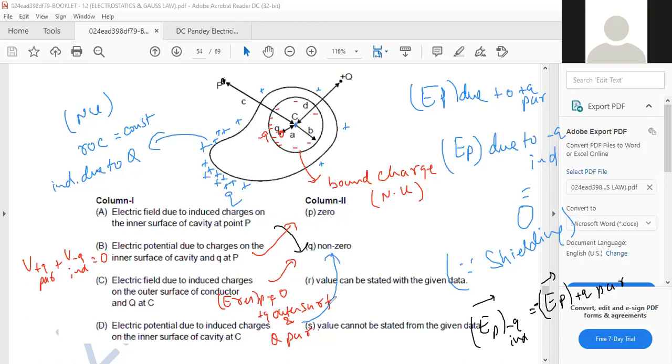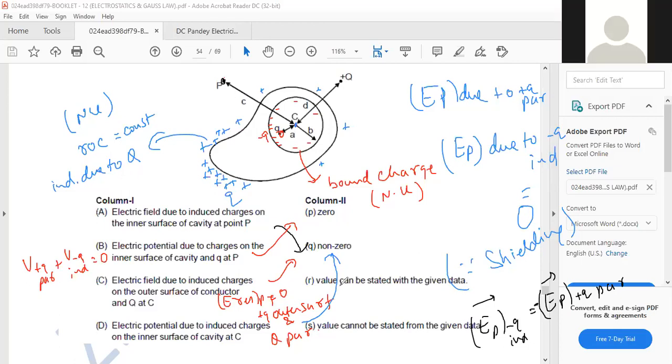सर, C का आंसर P and R दोनों दिया है. हाँ वो तो ठीक है. Which option's answer is given as P and R?